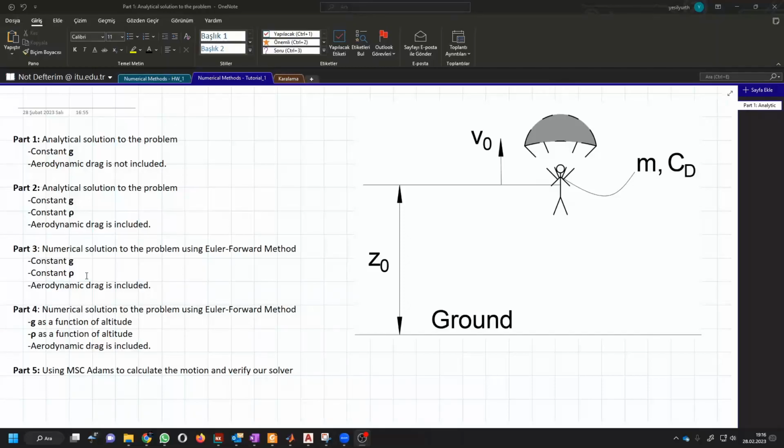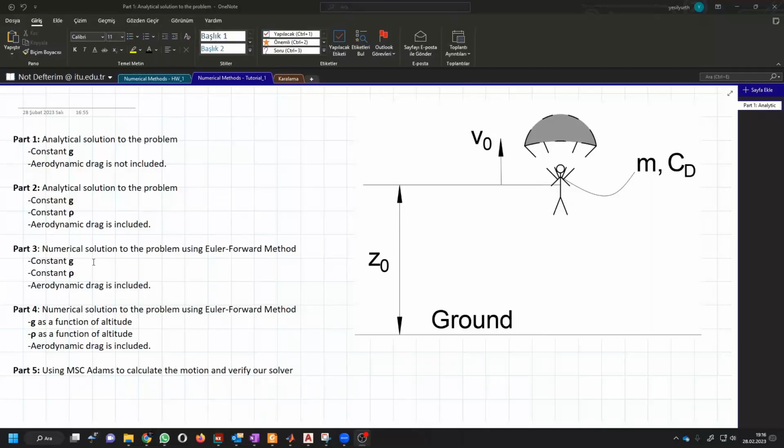So in part 3, we will make our own solver using Euler forward formula or Euler forward method in MATLAB, in which again we will use constant gravitational acceleration, constant air density, and aerodynamic drag will be included in this part as well.